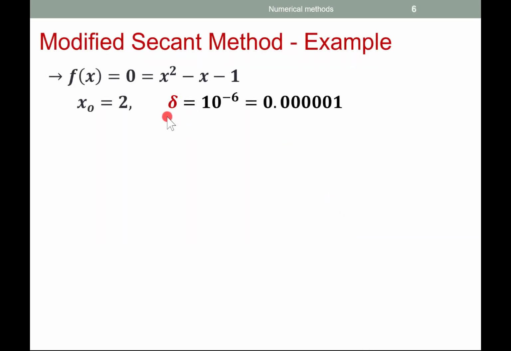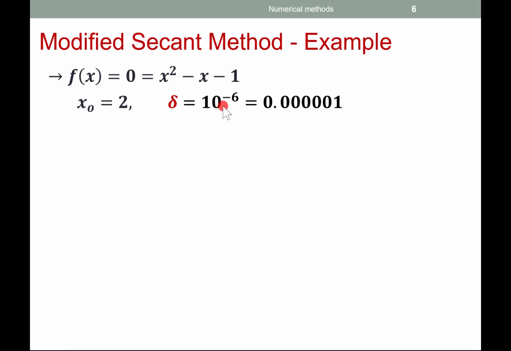So we'll do an example here. So this example is the same function that we had in the previous lecture, where f of x we made equal to 0, and the function was x squared minus x minus 1. X naught here is the initial guess for the root.